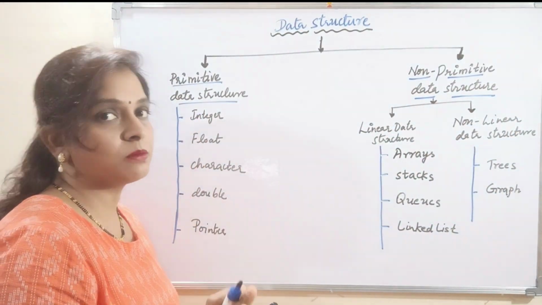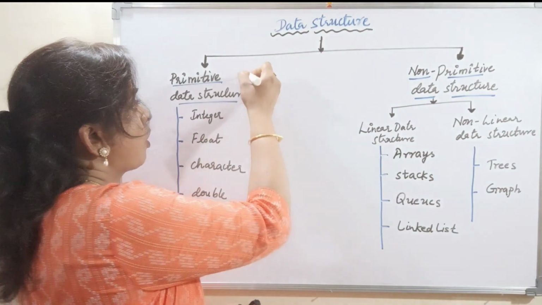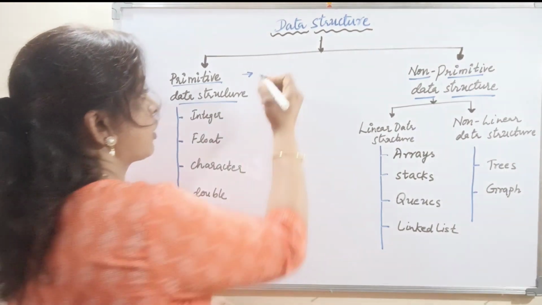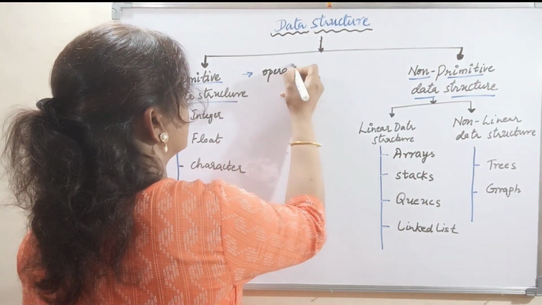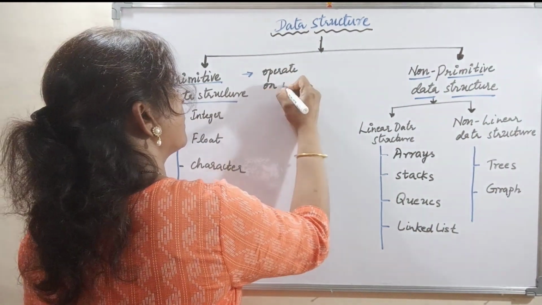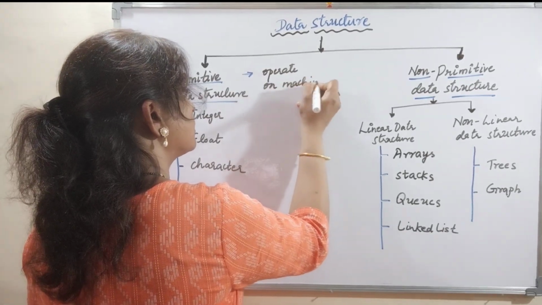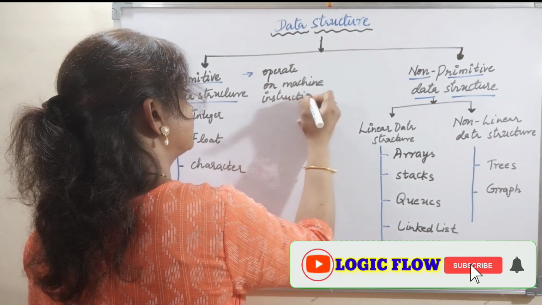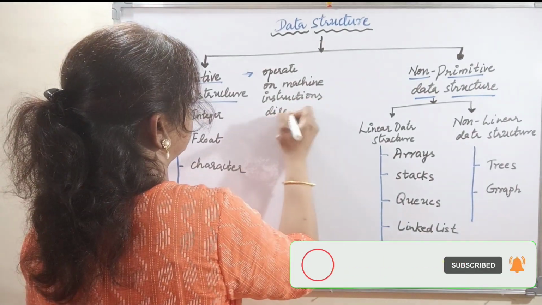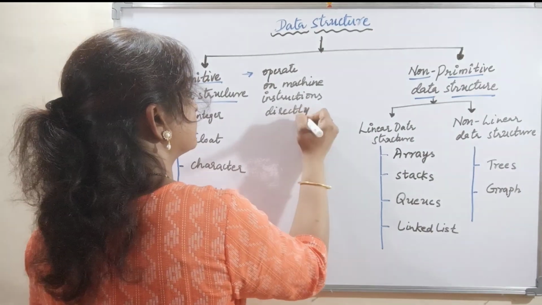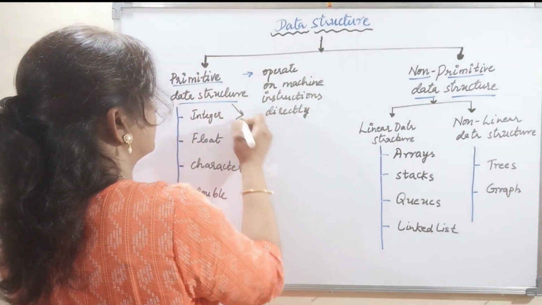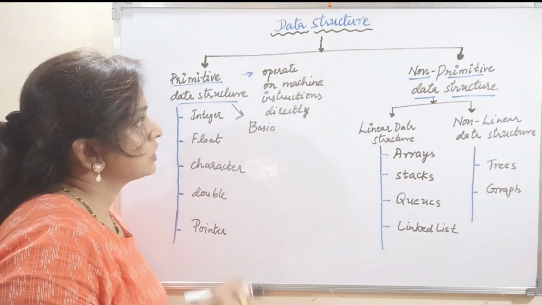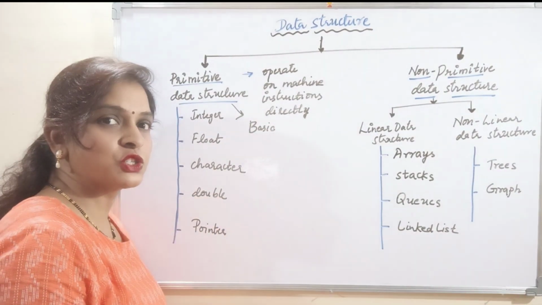Primitive means they are fundamental data structures which operate upon the machine instructions directly. They are basic data structures. So what is this operating on machine instructions directly?